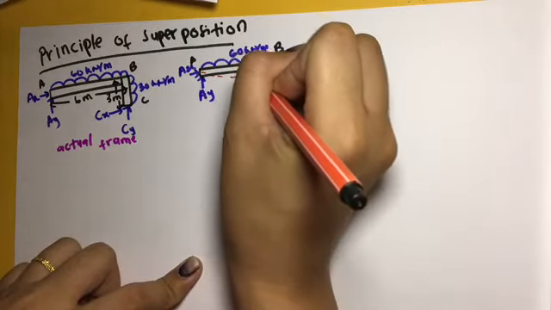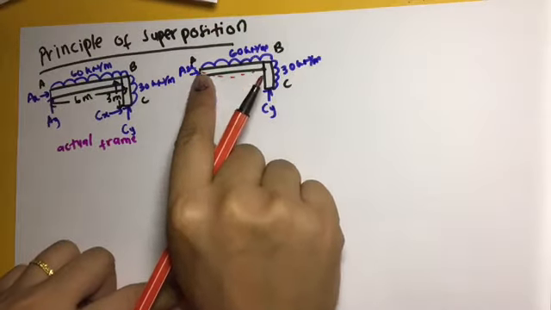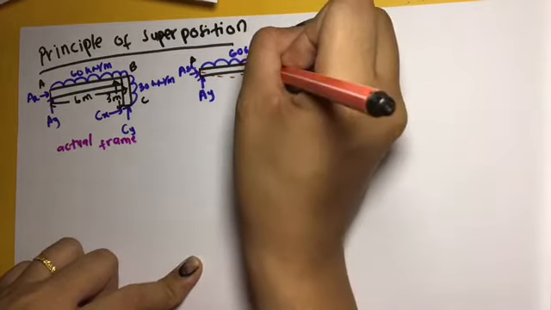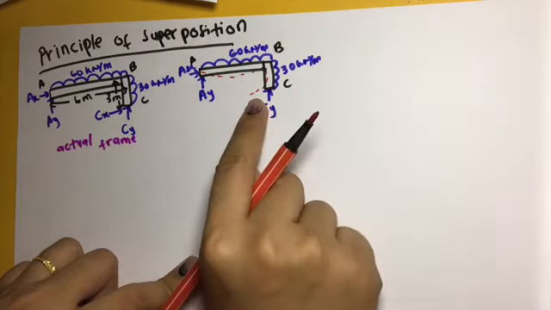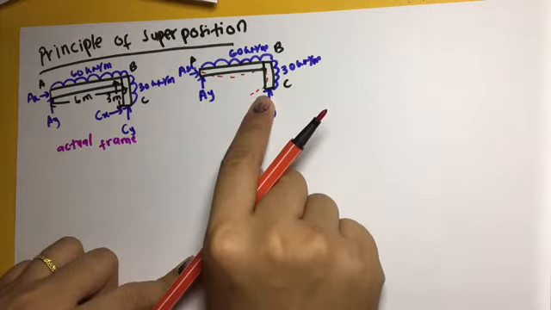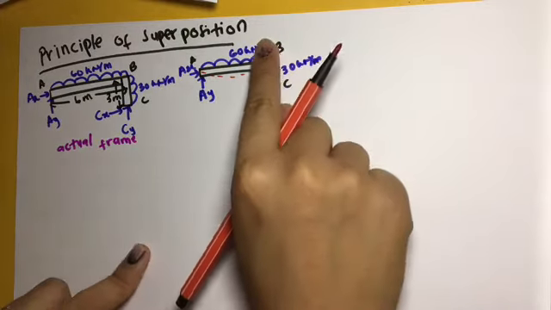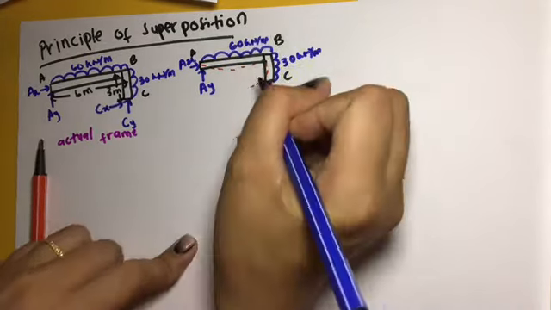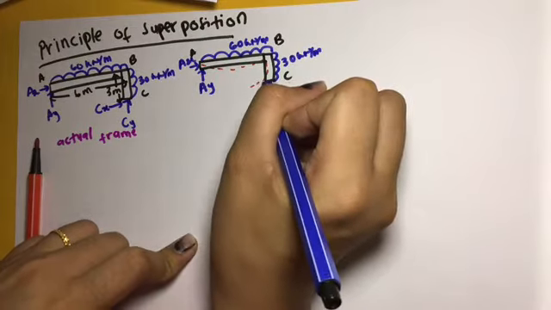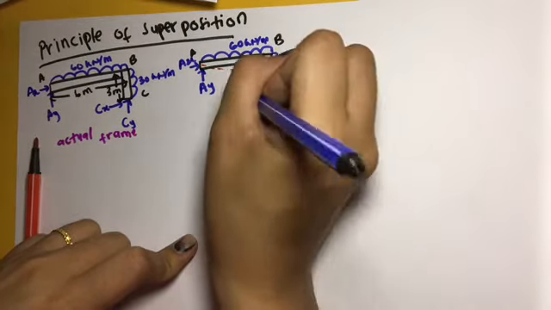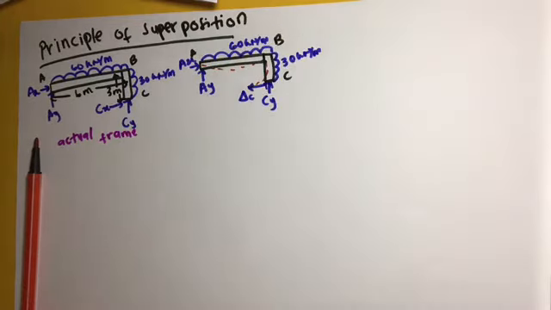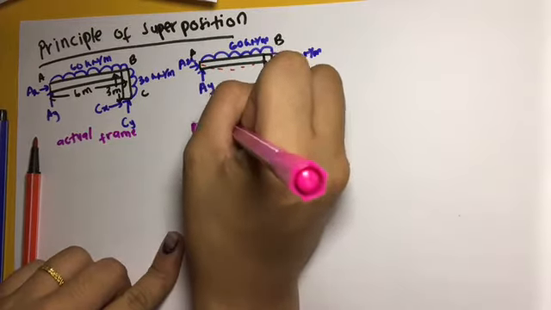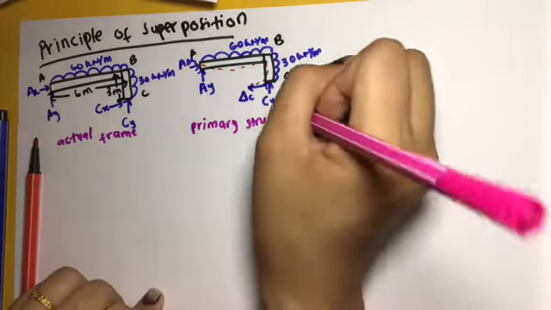Over here it has a distributed load like this, so it deflects like this, and over here it deflects like this. Since we don't have a horizontal force here, that's why it goes like this. We call this little distance right here delta C. So this is called the primary structure.